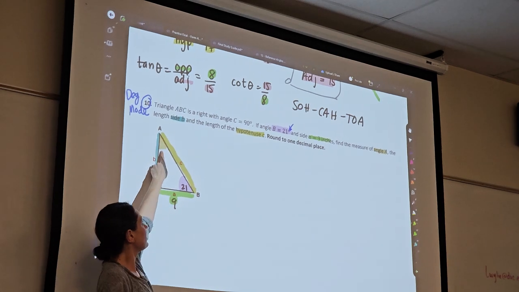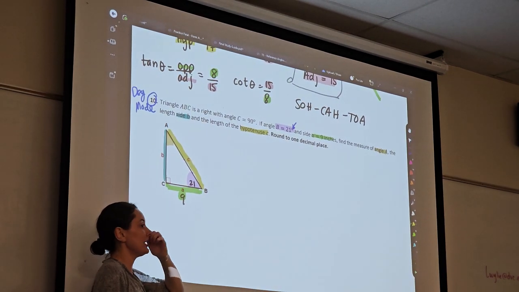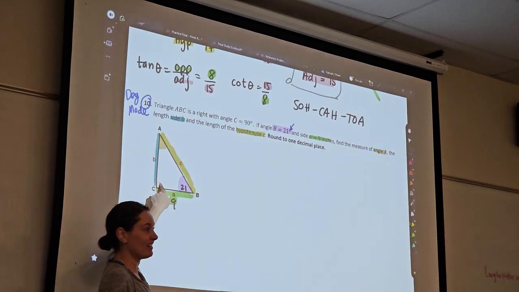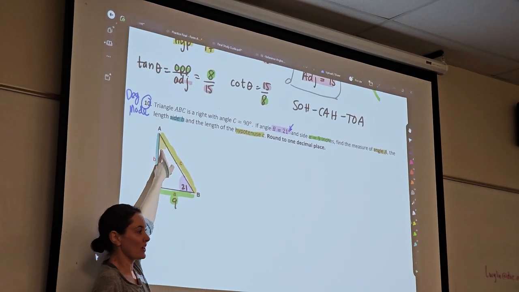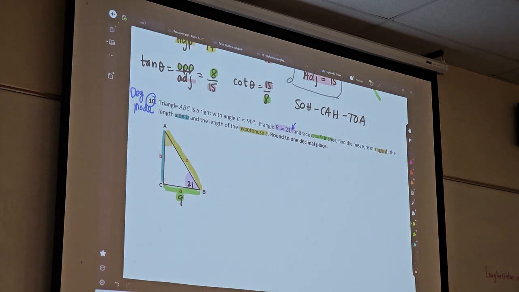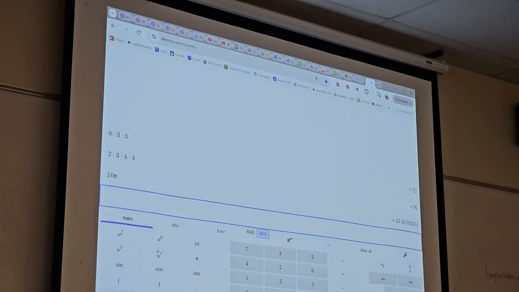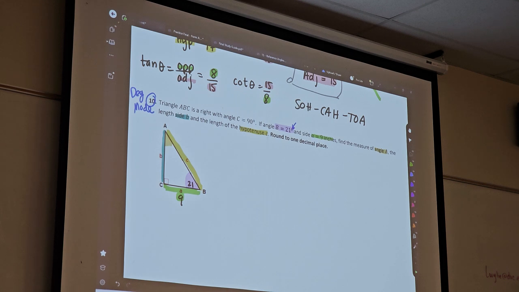21 plus 90 plus whatever this is needs to add up to 180. I've used up a 90 already, so 21 and the orange angle add up to 90. What is 90 minus 21? 69. Great. 90 minus 21, 69. Beautiful. So it's 69.